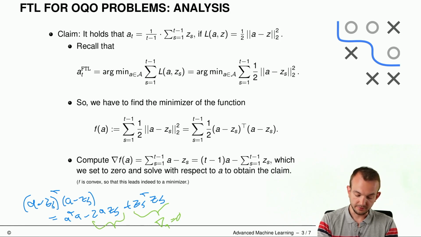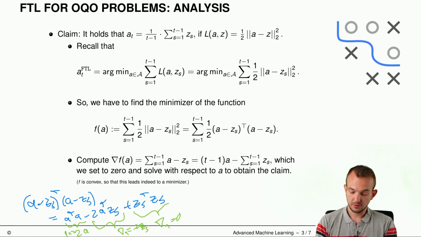This here is a linear function where the transposing here is missing. This is a linear function, so here the gradient with respect to a will be only minus 2 times zs. And here we have a quadratic term where we will get 2 times a as the gradient with respect to a. And this is then in line with what we have here, because the 1/2 is cancelling out with the 2, which is appearing here in the quadratic and the linear term.